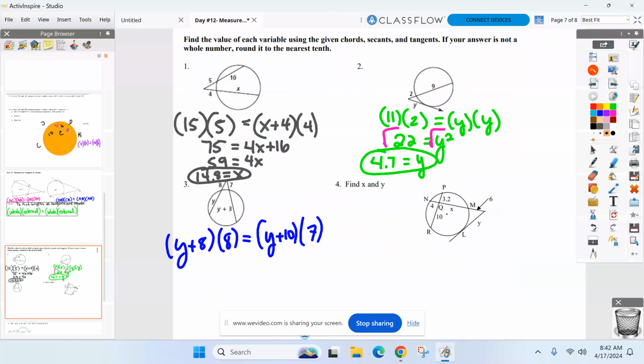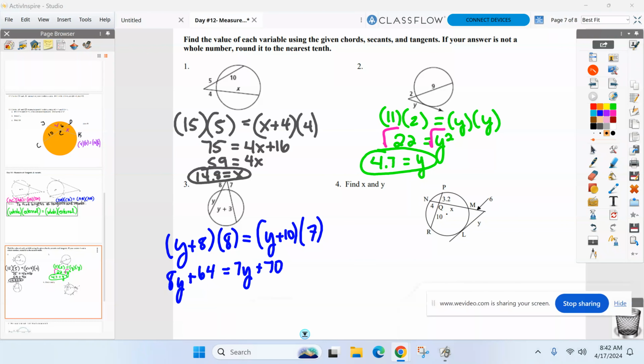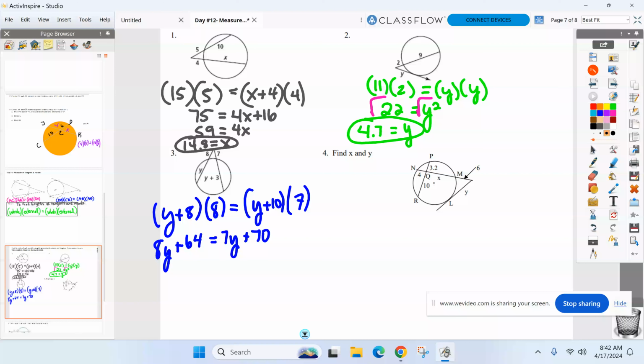We're moving right along here. So make sure we're getting 6.